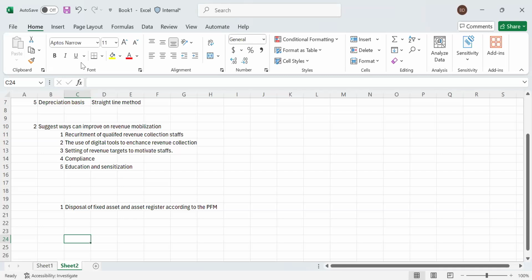The process includes: 1, an entity having an asset register. 2, the asset register must contain all of the fixed assets and landed properties of the entity. 3, the asset register must indicate the cost value of each of the assets and the relevant useful life.